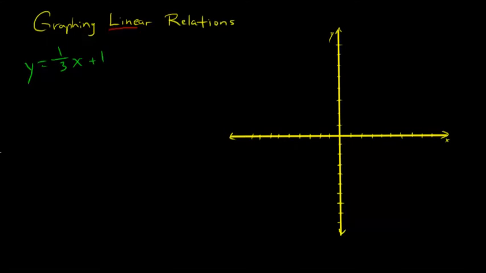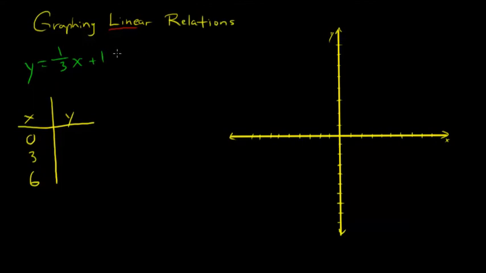Now there's a little trick here that's going to save us a lot of time. When we make our table of values, instead of going 0, 1, 2 like we normally do, let's go in multiples of 3, because 3 is the denominator in our fraction. So let's go 0, 3, and 6. That's going to make our lives easier, and you're going to see why.